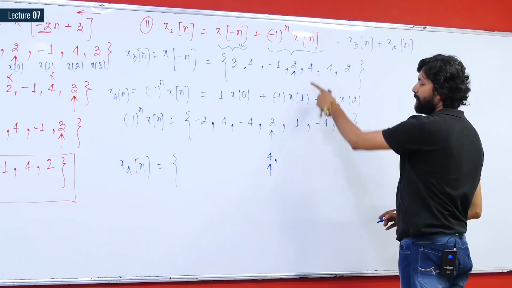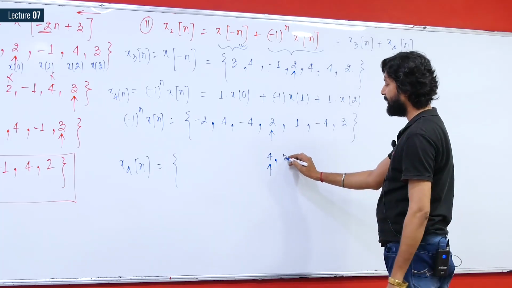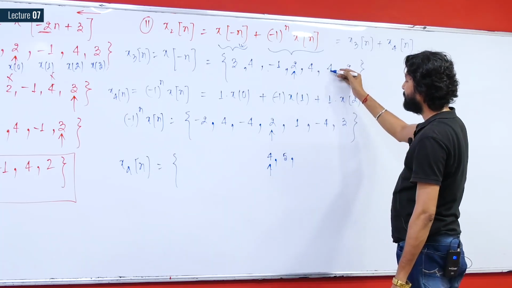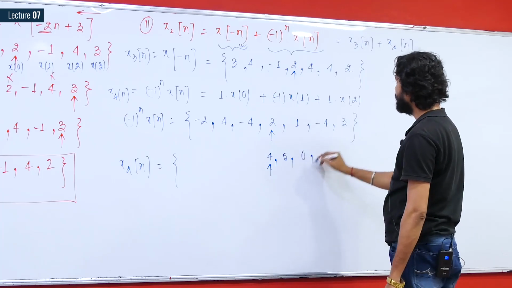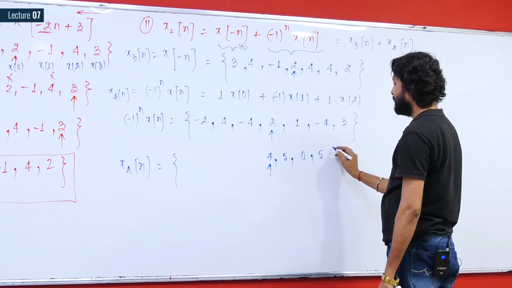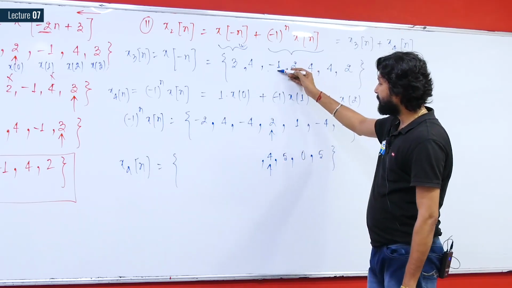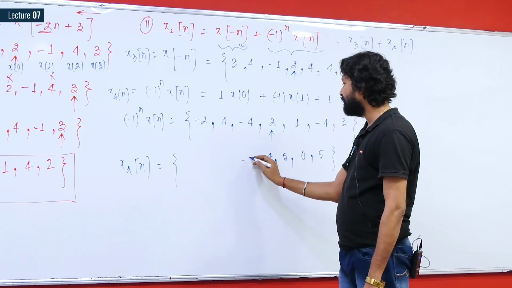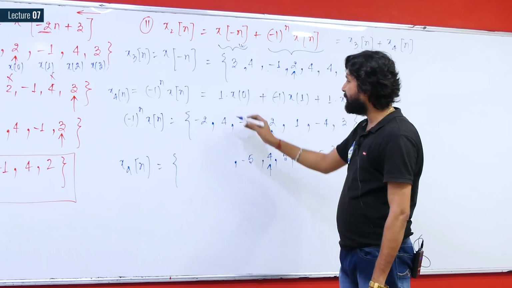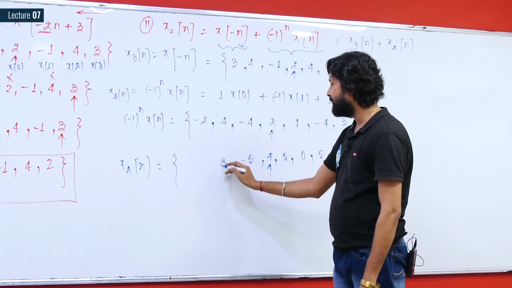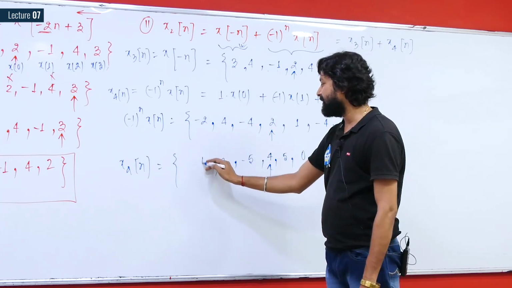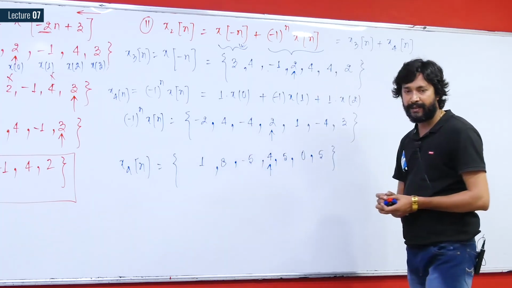Value at n equals 1, 4 plus 1, that will be 5. Then the next value will be 4 minus 4, that is 0, and 2 plus 3, that is 5. Similarly, before this value, it is minus 1 minus 4, that is minus 5. The previous value will be 4 plus 4, that is 8, and minus 2 plus 3, that is plus 1. So it is your signal x2[n].